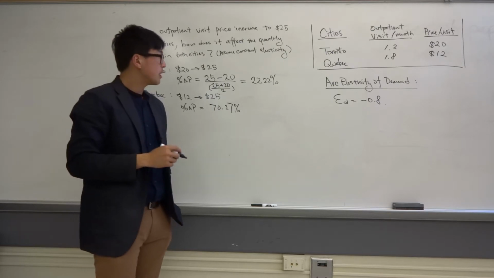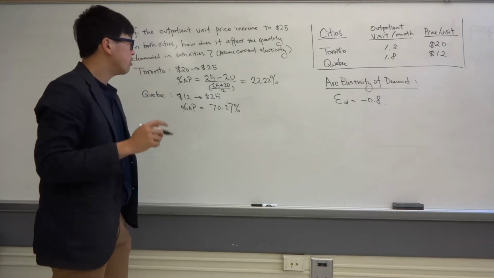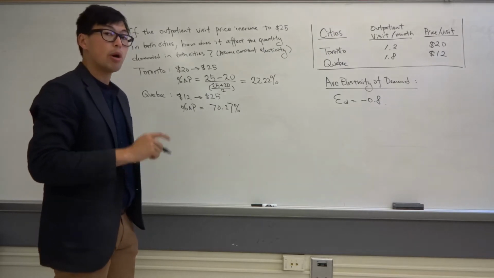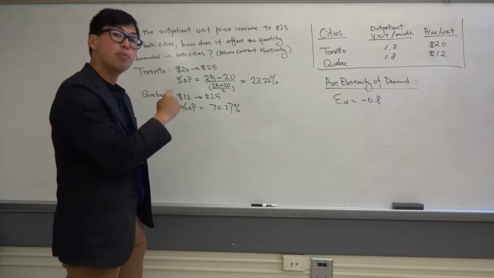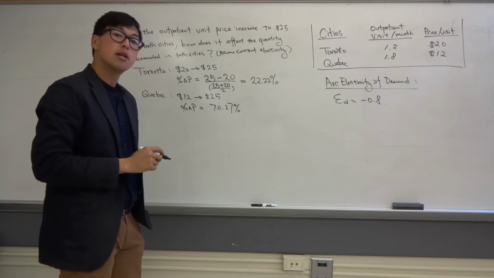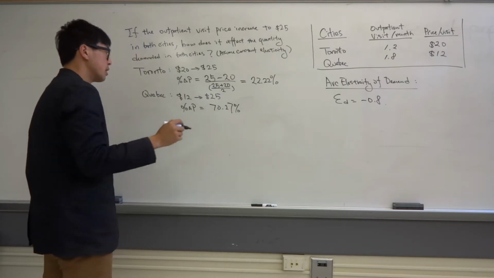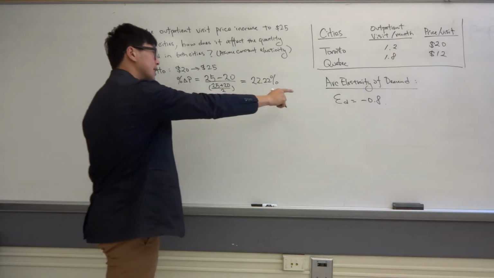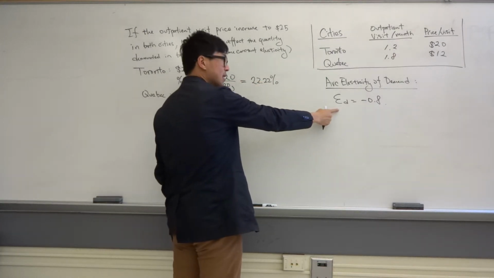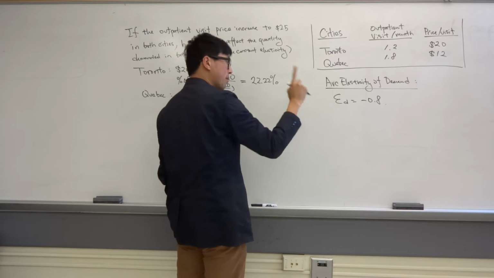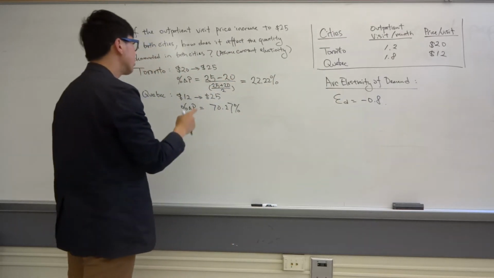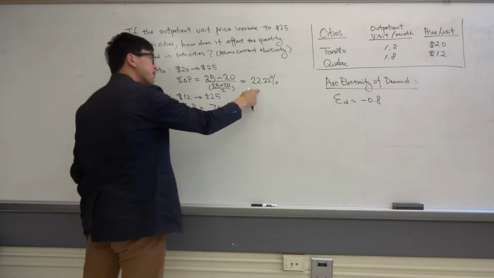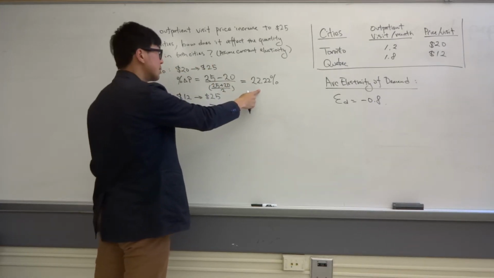After calculating the percentage change in price, the next thing we want to know is how much it affects the quantity demanded in both cities, assuming a constant elasticity of demand. Remember, the elasticity of demand that we got from the previous derivation tells us a 1% change will affect 0.8% of the quantity demanded. Now the price has increased by 22.22%.